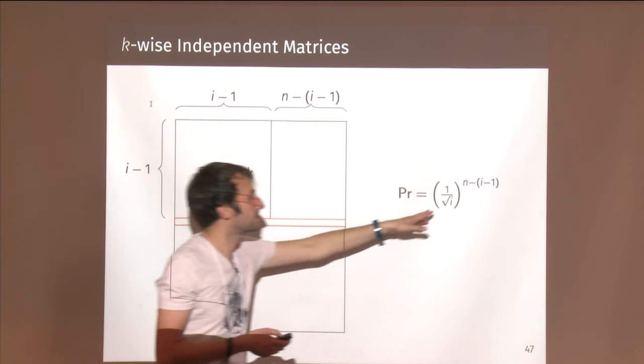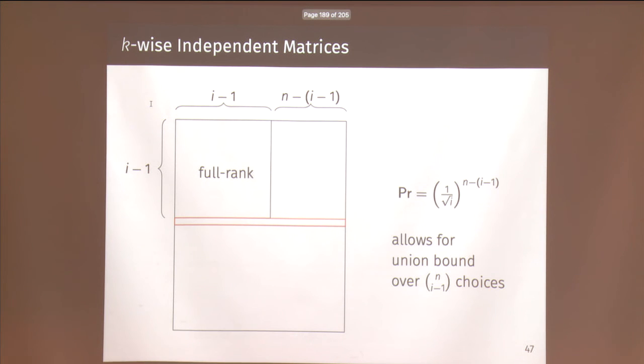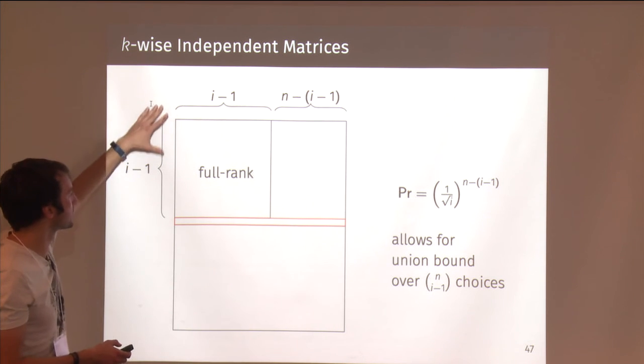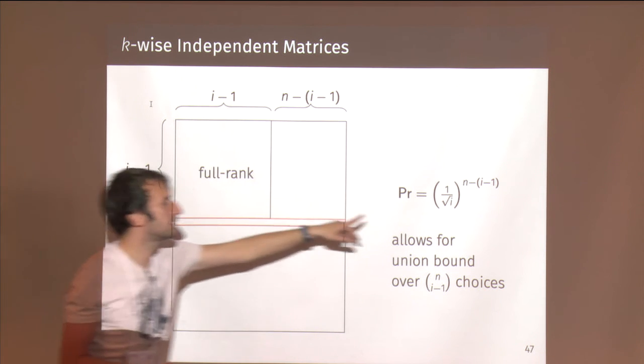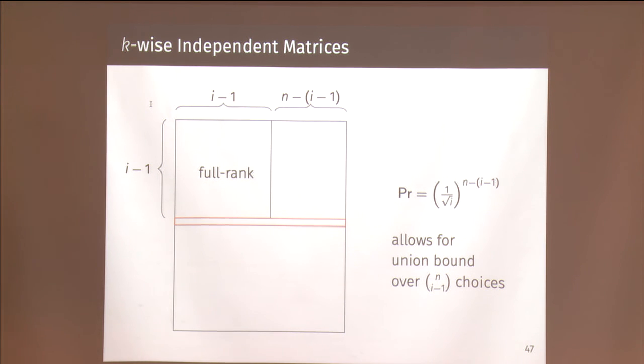This essentially buys me some extra factor here. And now, once I have this bound, I can do all sorts of union bounds. All choices of these i-1 rows and i-1 columns already have a very, very small probability of this event by Littlewood-Offord.